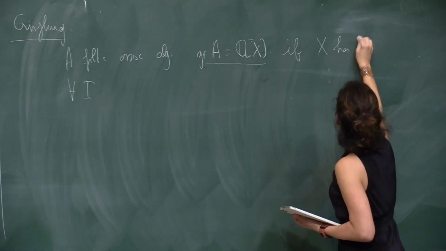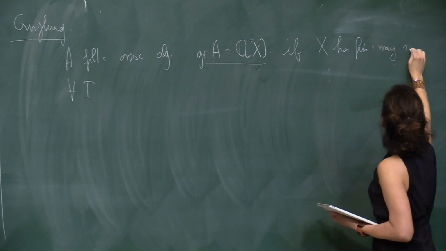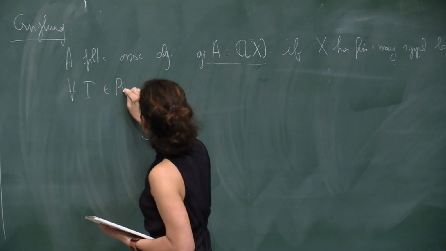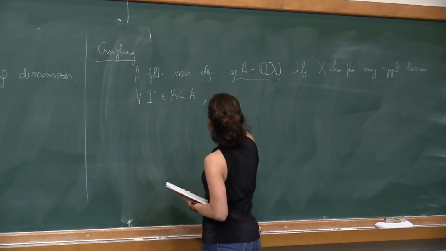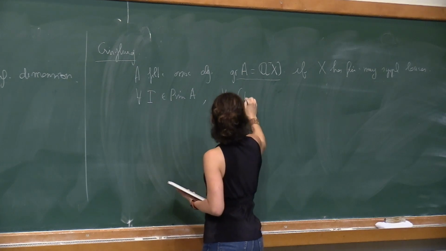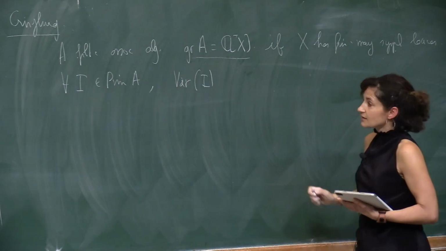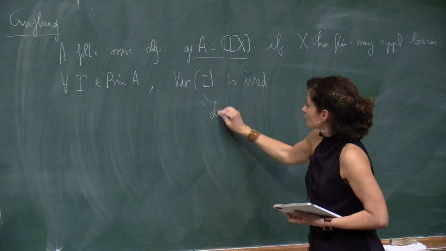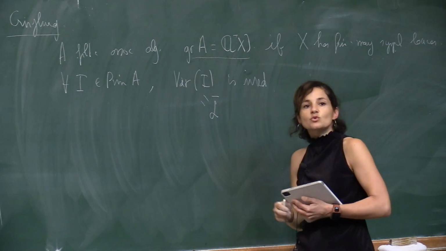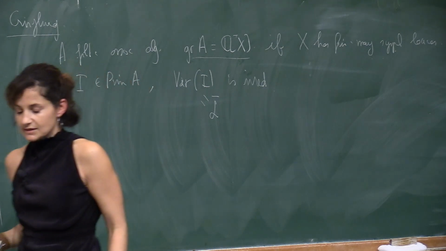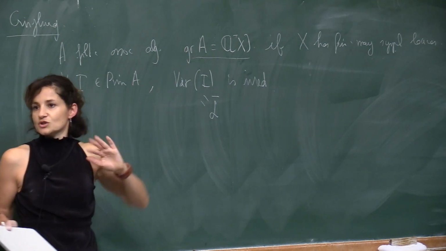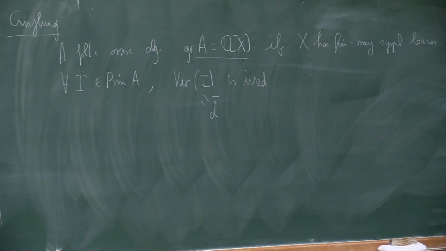If X has finitely many symplectic leaves, then for any primitive ideal, the corresponding variety in gr A, similarly to before, is irreducible. So again, it is the closure of some symplectic leaf. So you can recover the irreducibility theorem for primitive ideals. It's not direct because, of course, the algebra does not satisfy this, so you have to take a quotient. But anyway, this is why we came to this.